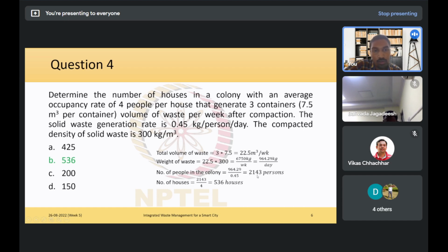That turns out to be 2,143 persons. Now using the average occupancy rate of 4 people per house, 2,143 persons divided by 4 people per house tells us there are approximately 536 houses in that colony, which is generating this amount of waste.